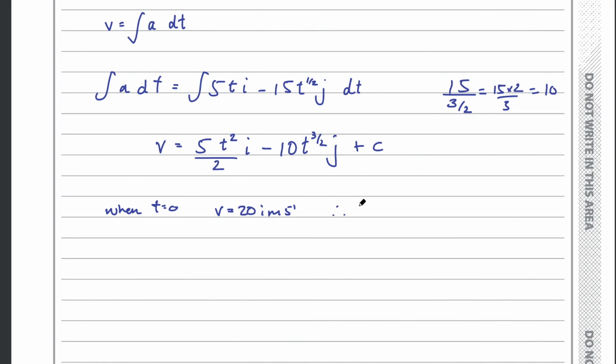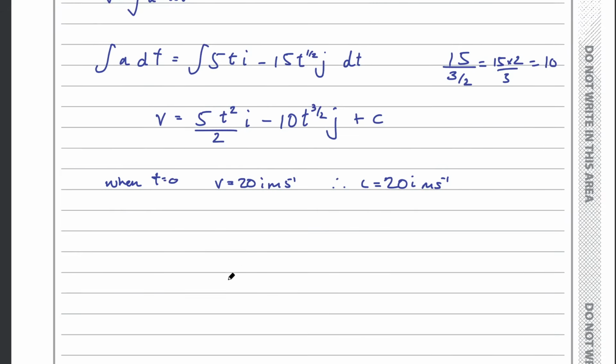So therefore, what would c equal? Well, if t is 0, these two terms would cancel. Anything multiplied by 0 is 0. So they both cancel out, and we would just be left with c equal to the velocity, which they've told us is 20 meters per second. So c therefore must equal 20 meters per second.